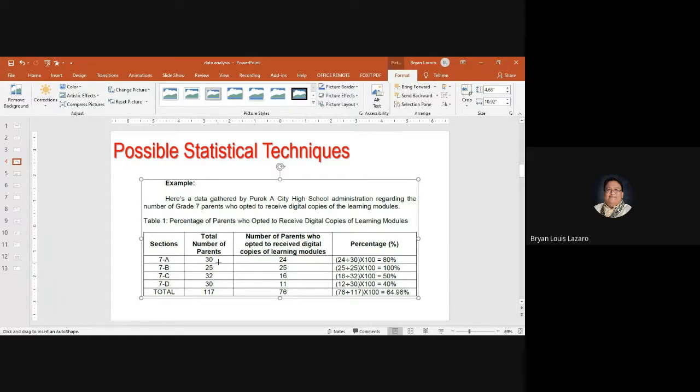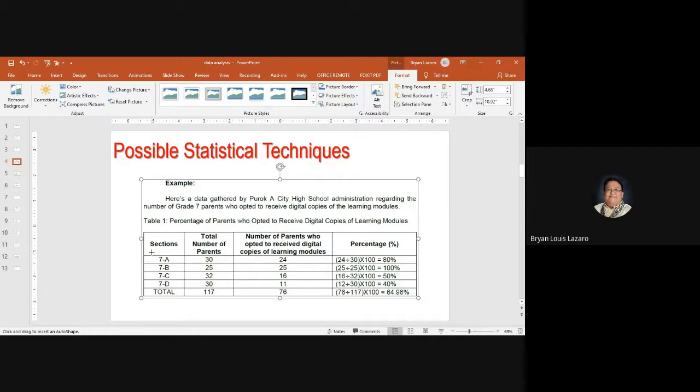Out of the 30 halimbawa yan, yung total na yan, 24 lang yung nakagawa. So, using the formula 24 divided by 30 times 100, you will get the percentage. Okay? So, ganun lang siya kadali.